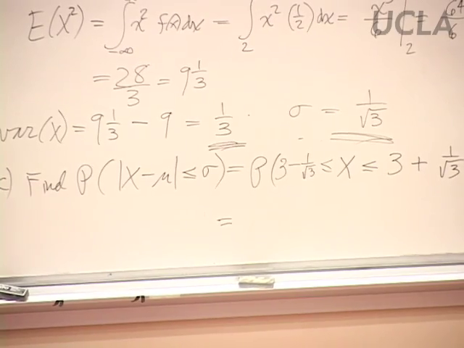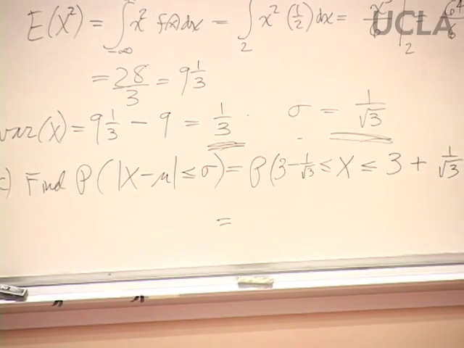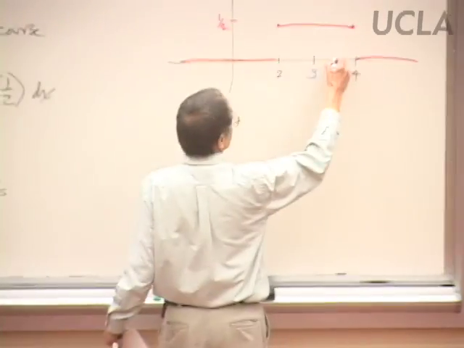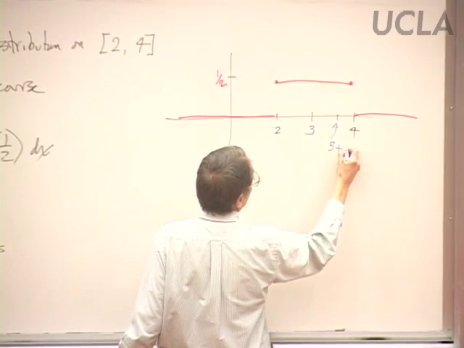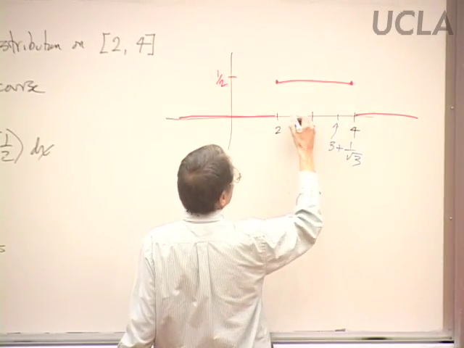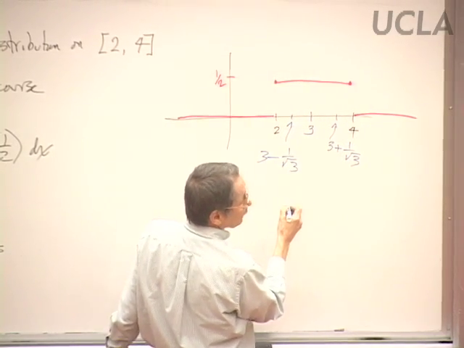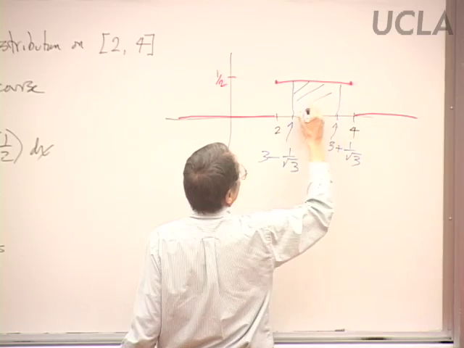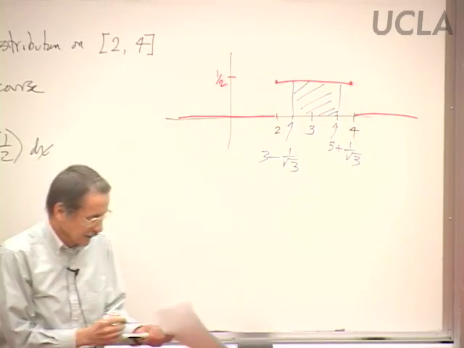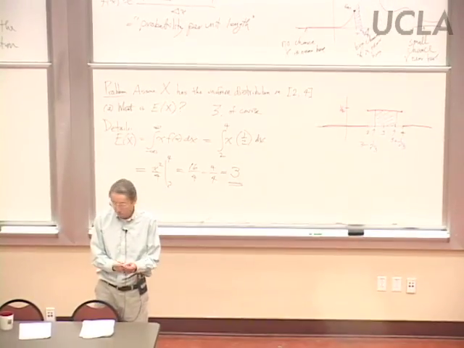There's the mean. 1 over the square root of 3 is between 0.5 and 0.6. So 3 plus 1 standard deviation is there, 3 minus 1 standard deviation is there, and we want the area of this rectangle. So instead of doing the whole integral, let's just use base times height.